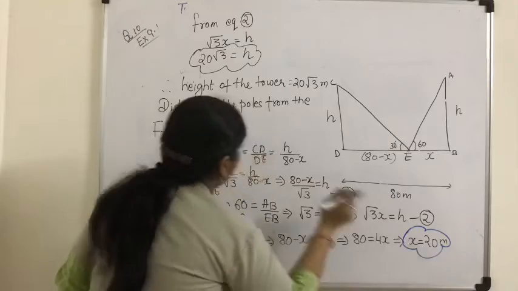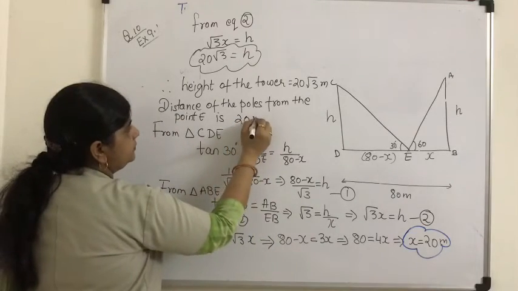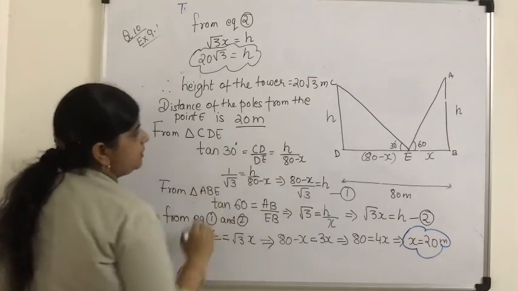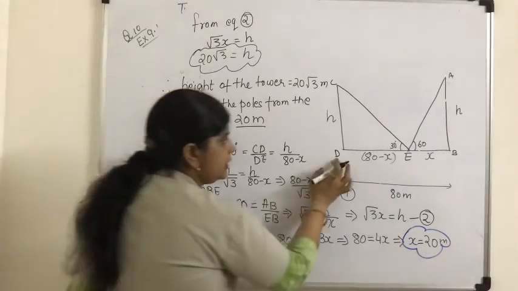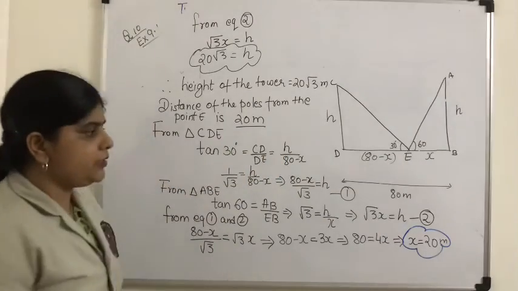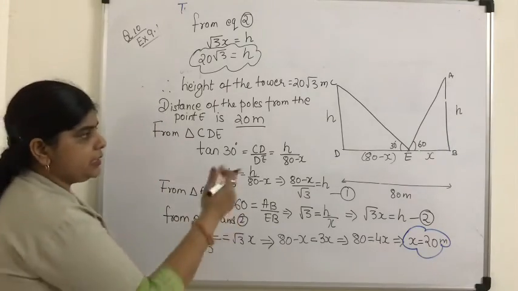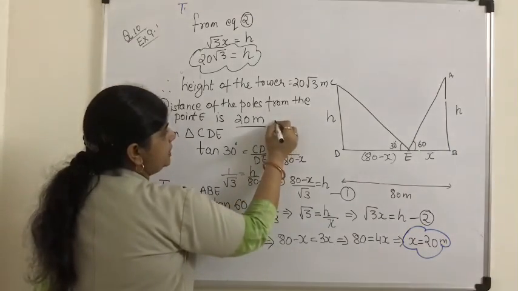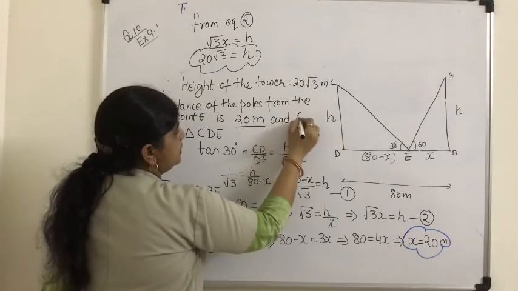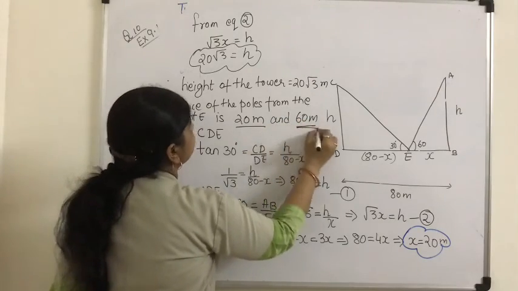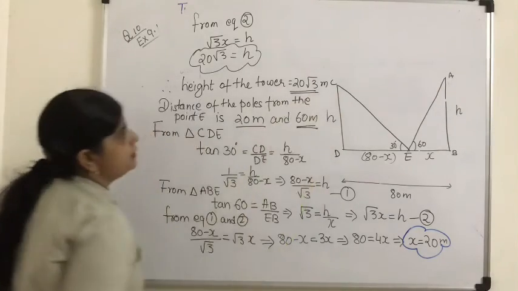So what is x? X is 20 meter, right? And what about this distance DE? DE will be 80 minus x. So 80 minus x will be what? 80 minus x is 60. So 20 meter and 60 meter. So this is the answer.